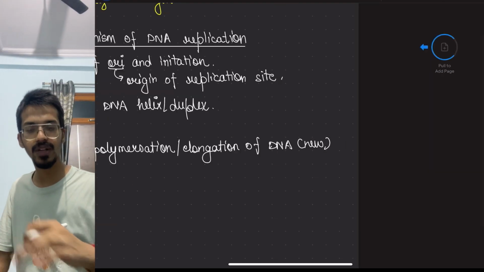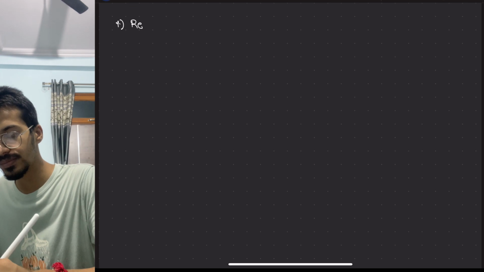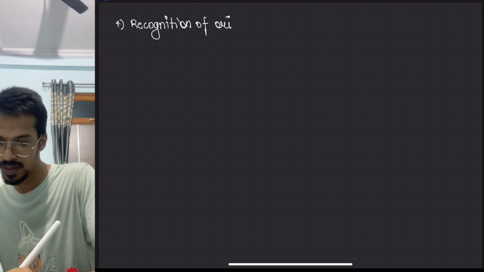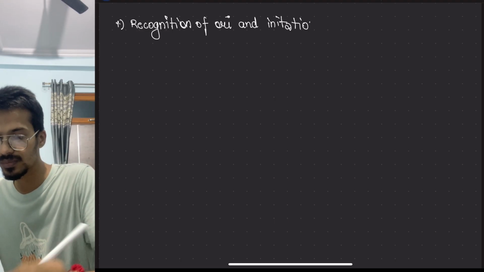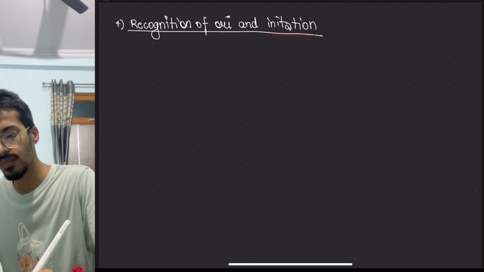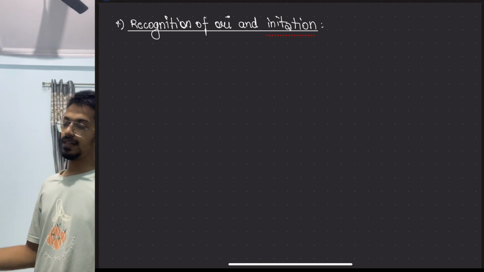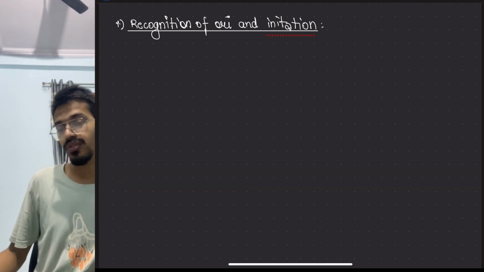Starting with each step now. So the first step is what? Recognition of ORI and initiation. Now, what happened in it? ORI is the site where replication starts.